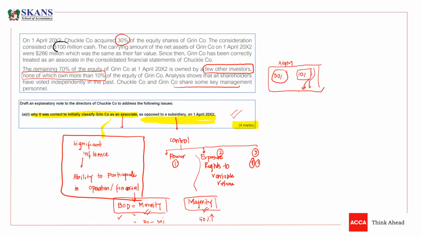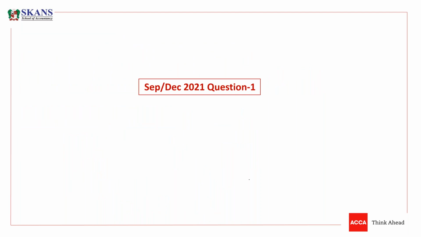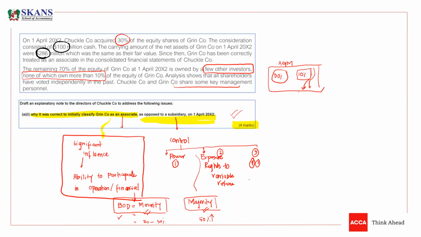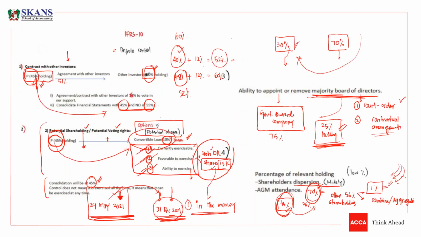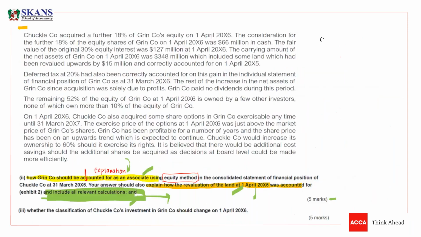Look, 100 million is the cost, and net assets at that time was 286. Remember 286. Now guys, listen carefully. What is my cost? My cost is cost of associate 100.